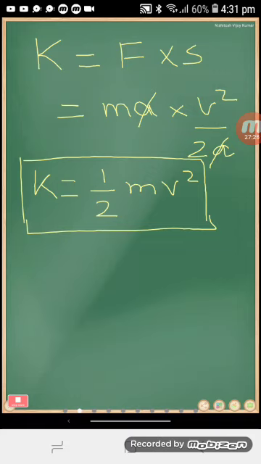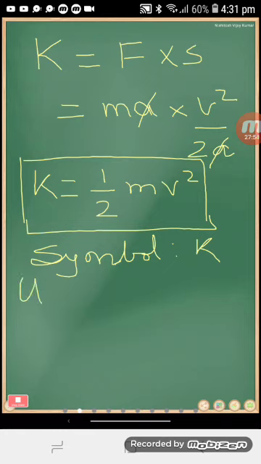Now, if we go for the standard ones, the symbol of kinetic energy is given by K, capital K. The unit will be the same as that of energy.